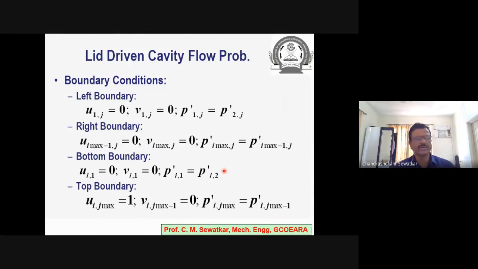If it is a lid-driven cavity problem, how are the boundary conditions? Left boundary: U1j is 0 for all j's, V1j is 0 for all j's, and P1j prime is equal to P2j prime.